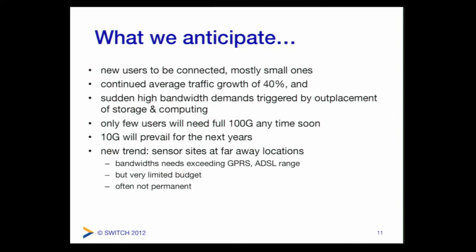We have researchers in the field, and somehow they get high definition cameras or fancy things which produce a lot of data. Or we have an observatory in the Swiss mountains, and instead of sending people to the mountains, they want to sit back home or in a university and look into the stars and get the pictures back. That's why we need bandwidth at some strange faraway places.